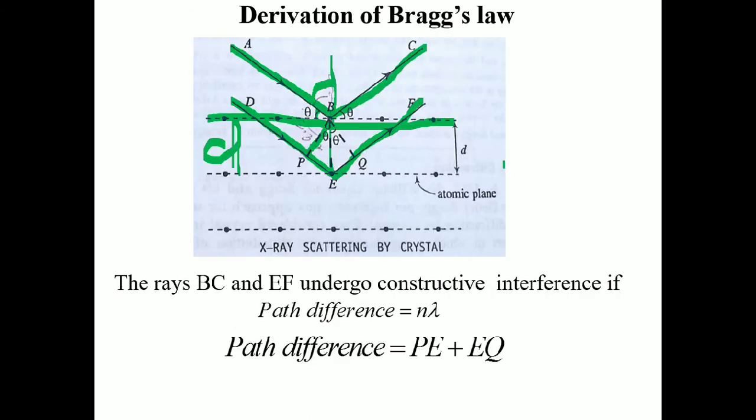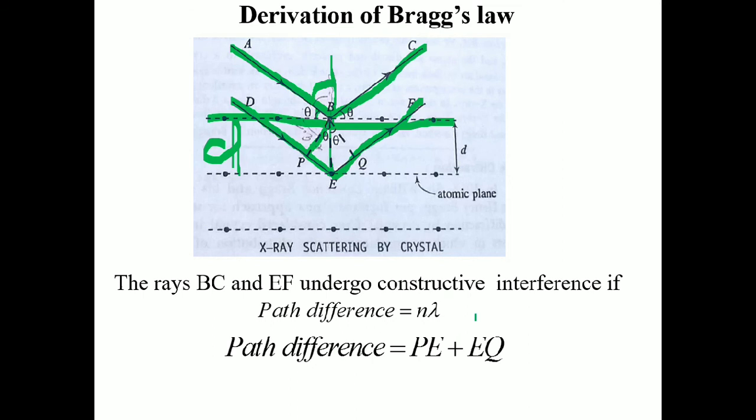Okay, before going to that, let me complete the condition for constructive interference. I was mentioning in the previous slide that physical optics tells us that if two light rays have to undergo constructive interference, then the path difference between the two rays must be equal to n lambda.